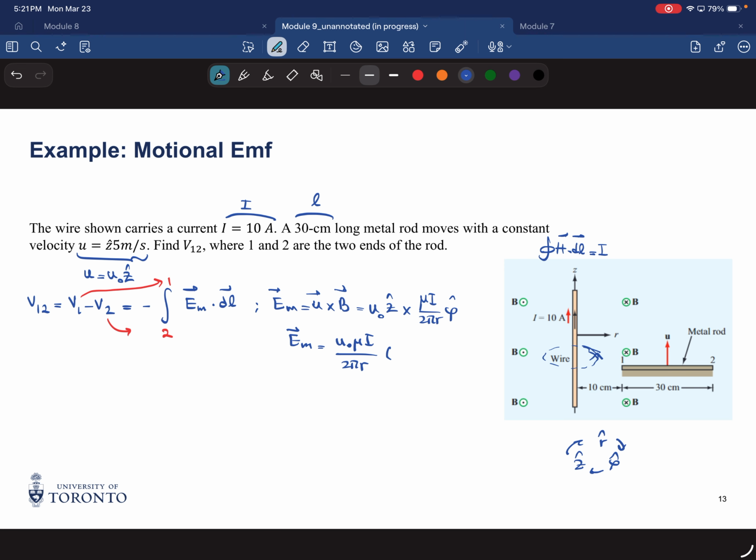Negative r hat, minus r hat. And this negative matters. Okay, so now we found this. Now we can rewrite V1,2 as the integral of minus u naught mu I over 2 pi r times minus r hat. What's happening to this?